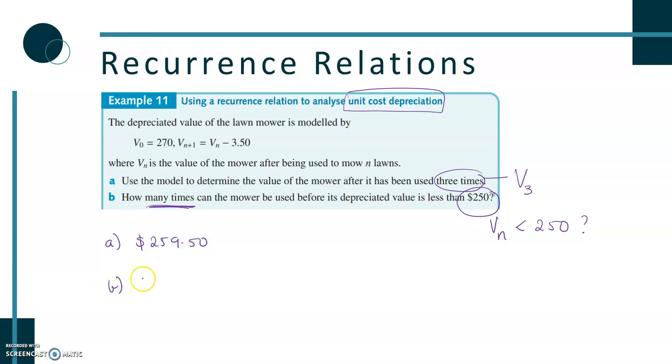Part B, when you have to stipulate when something is, or prove that you found when it is depreciated less than that value, and you're not using an equation as such, you're just using your calculator, you can give some evidence as V6 is 249, V5 was 252.50. Okay, so you're giving that additional information to show that you actually did work it out. V5, so 5 uses, versus V6, 6 uses.